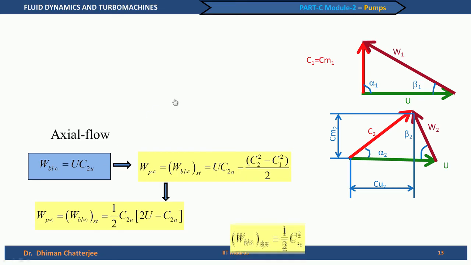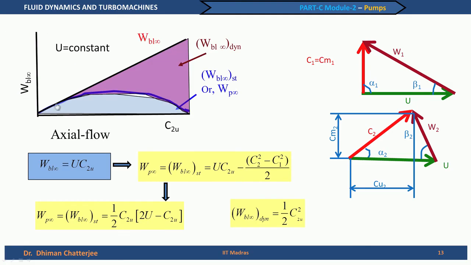So, in that case we will see that W p infinity is 0 at C 2 u equal to 0 and at C 2 u equal to 2 u. If we subtract the static pressure change from the total, we get what is known as W b L infinity dynamic. D y n stands for dynamic, which is half C 2 square.